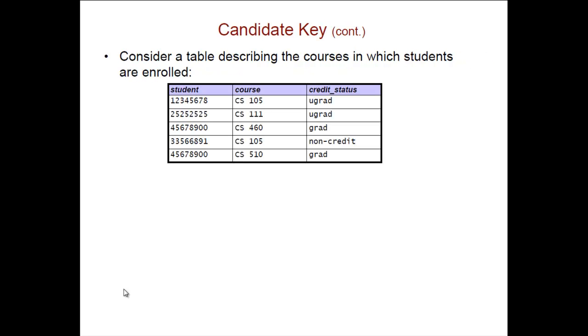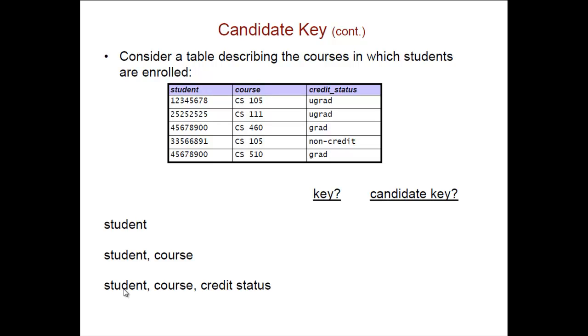So if we consider this table, which is one that is linking students to the courses in which they are enrolled, and you can see we have one column for student ID, one column for course ID, and then the credit status for which the student is taking the course. In this case, if we consider possible options here, we'll see that some of them are keys, but not all of those are candidate keys.